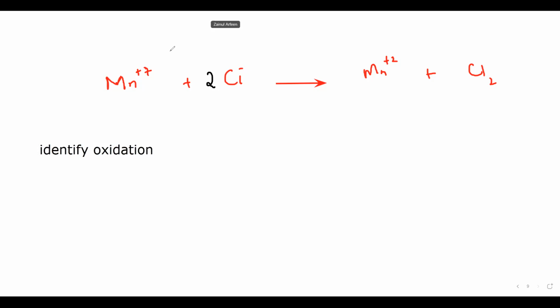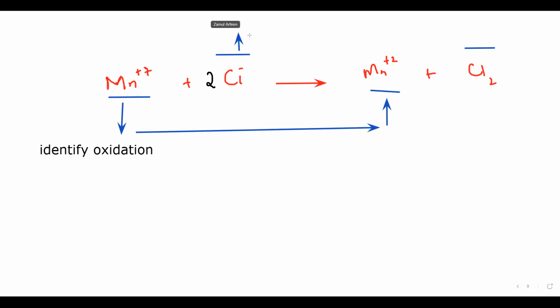Oxidation number for ions, the charge written on the ions is known as oxidation number. So Mn is plus 7, it changes to Mn plus 2, and chlorine is minus 1, it changes to 0. Why 0? Because when elements are there, their oxidation number is 0.